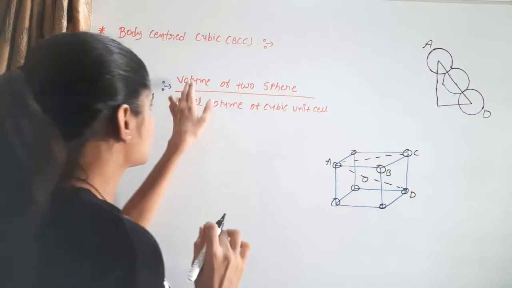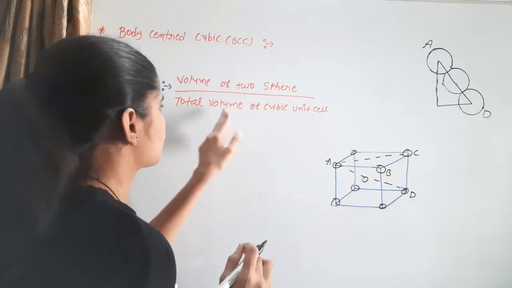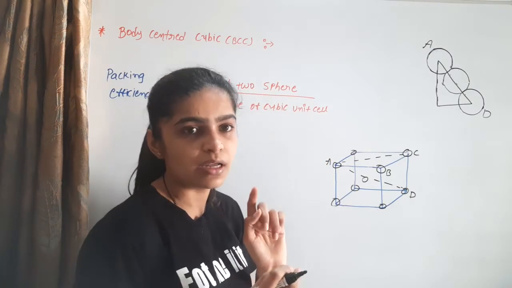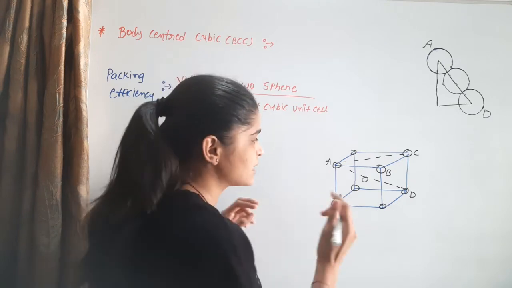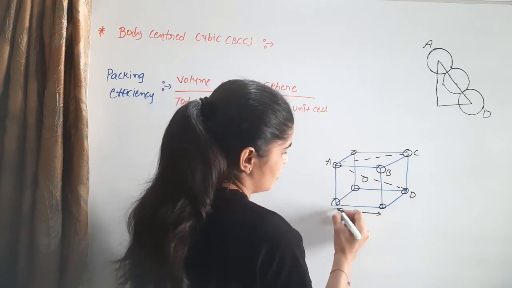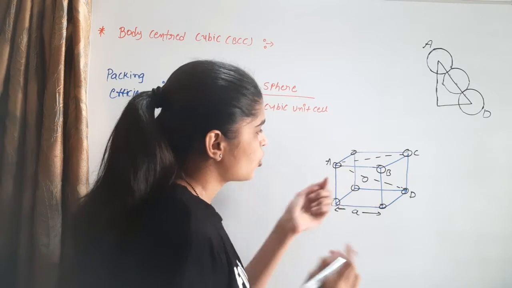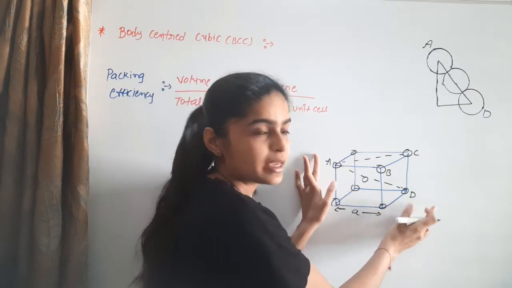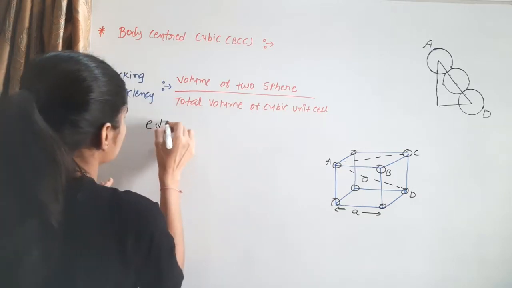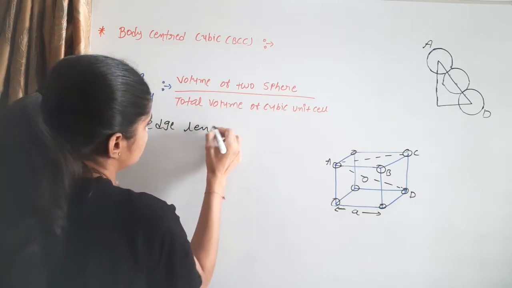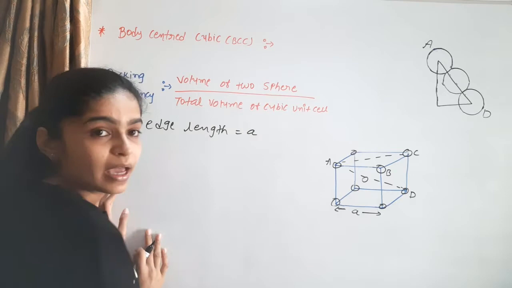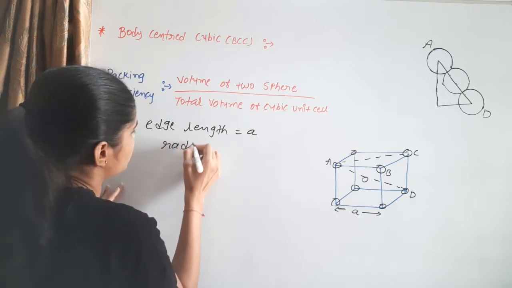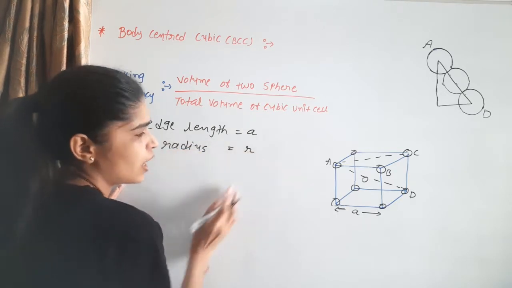We find out the volume of 2 spheres and the total volume of the cubic unit cell. Consider the edge length as a. For AD, the edge length is a and the radius of this atom is r.